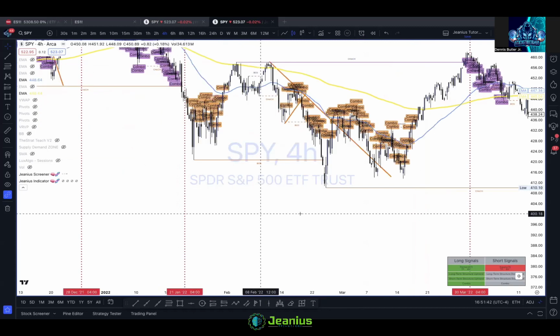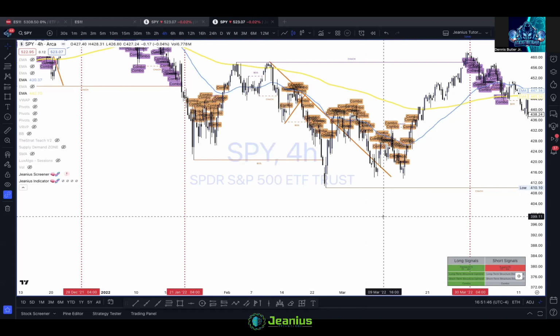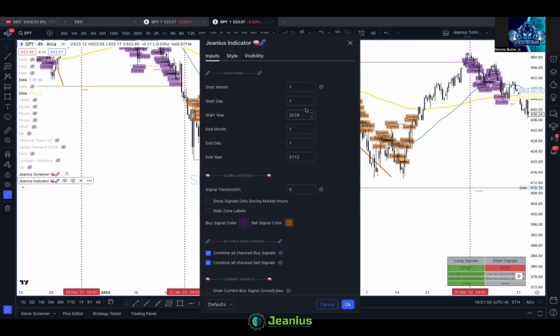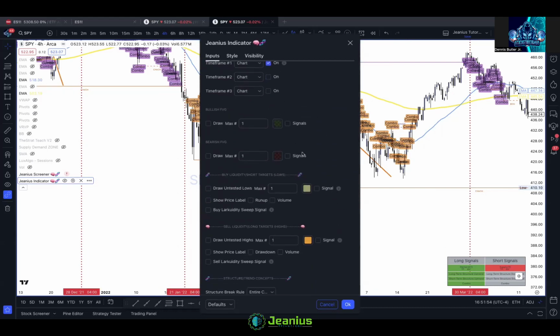So if you notice, these are a lot of demand and supply signals that I'm given. So if I wanted to clean this up, I would add another piece of confluence.